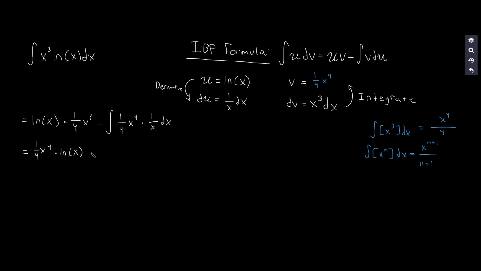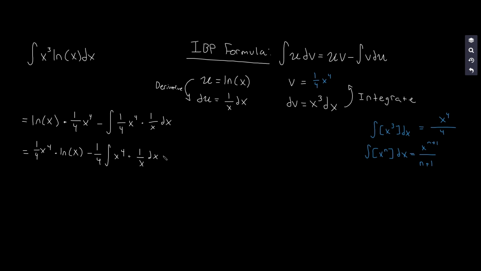And I'm going to subtract this integral, but I'm going to factor out this constant. That 1/4 is just going to get factored out of the integral. 1/4 times the indefinite integral of x raised to the fourth power times 1 over x with respect to x.